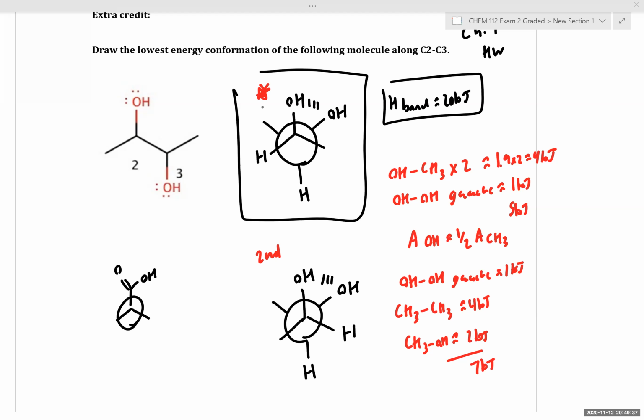Otherwise, we'd be using computations for more sophisticated predictions. Empirically, a lot of these lowest energy conformations have either been observed, or the barrier to rotation has been observed and studied using more empirical methods.